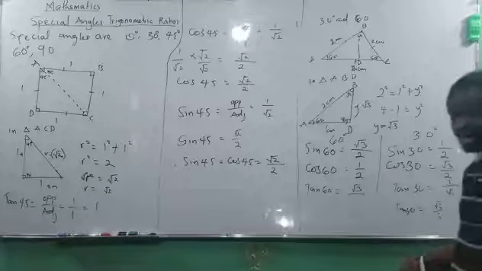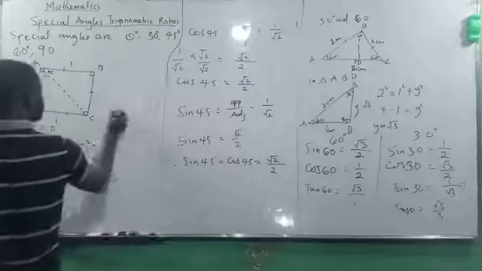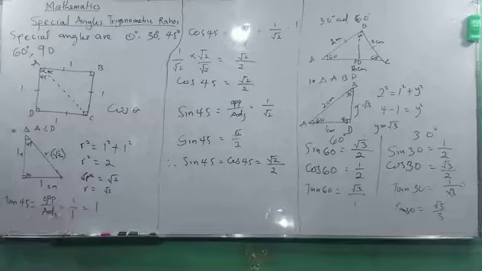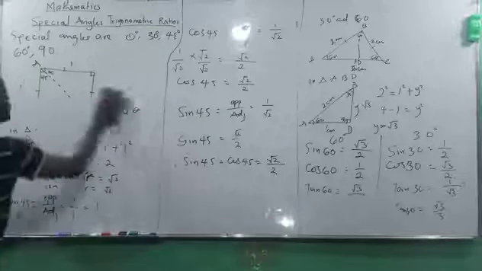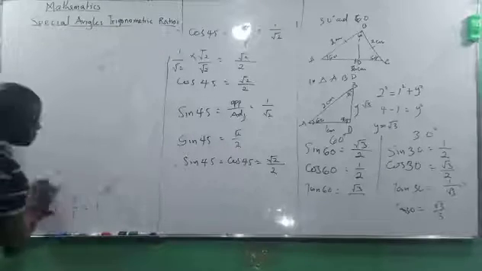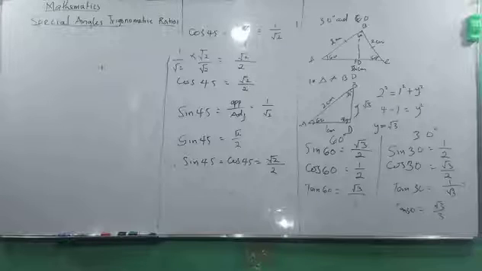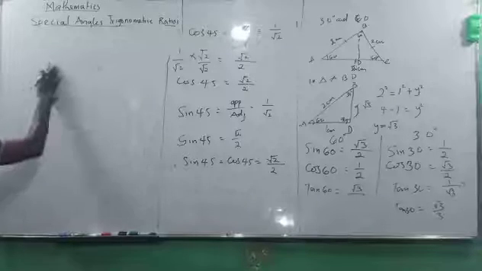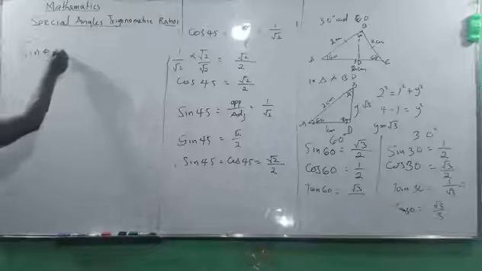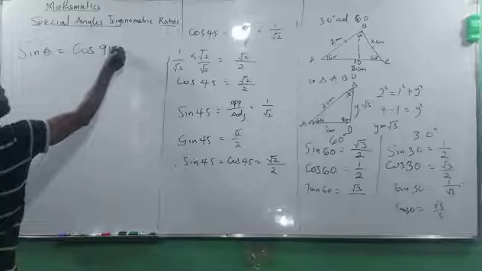Now, these are the ratios that you need to know. Don't forget that our cos 90. Please let me quickly establish this, and you have to know that this is very important. Now, with what is on ground, we all know that sine theta equals cos of 90 minus theta.